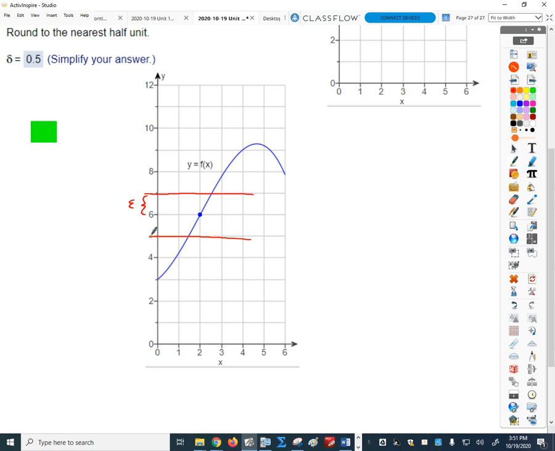So there's epsilon. And we can see the intersections are there and there, and that appears to be a delta. Delta equals 0.5.